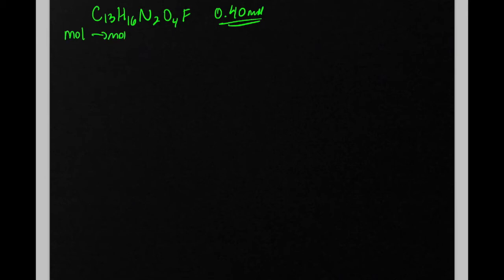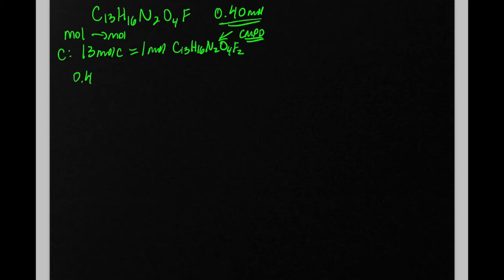And so what we want to do on this whole page is convert moles to moles. So let's do carbon first. In the formula, we know that there's 13 moles of carbon per 1 mole of the compound, C13H16N2O4F. I'm just going to call this the compound. Okay, so I'm going to abbreviate this CMPD from now on so we don't have to write it so much.